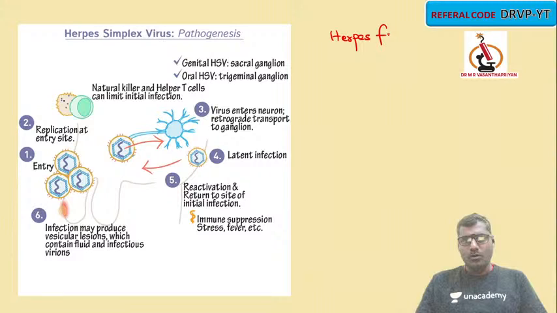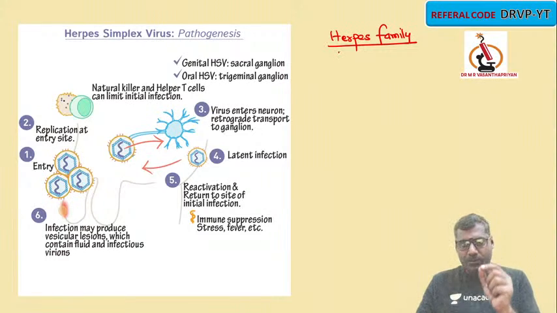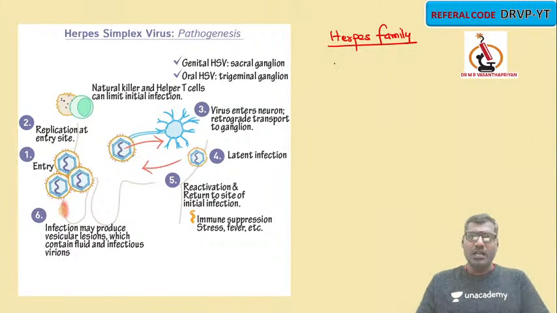The herpes family consists of HSV-1, HSV-2, varicella, Epstein-Barr virus and cytomegalovirus. Latency is a very classical and important characteristic of the herpes family of infections. Now the first one we are going to take up is herpes simplex.